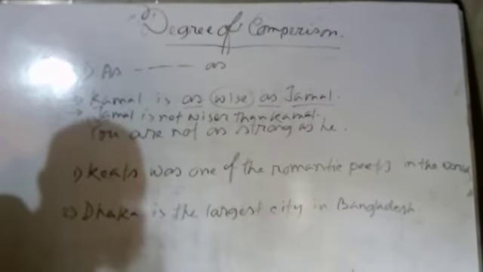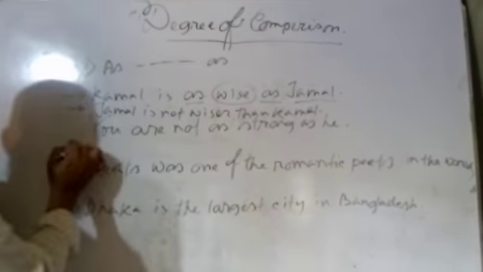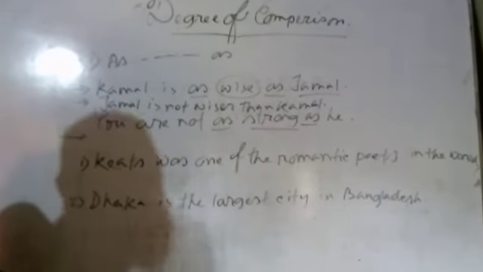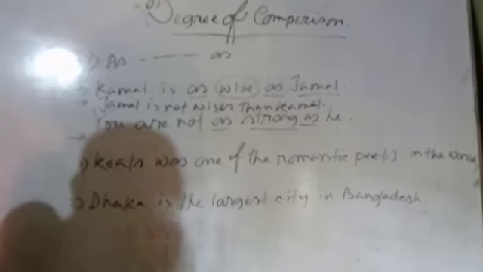Another example is in the negative. You are not as strong as he. Here "as" is the sign of comparison and strong is the adjective, and it is in the positive degree, in a negative sentence.